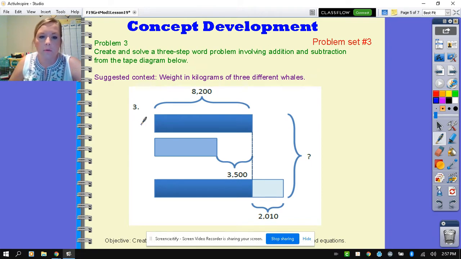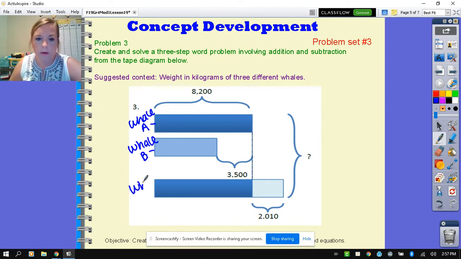Okay, so here we must have whale A. We have whale B, and then we have whale C.